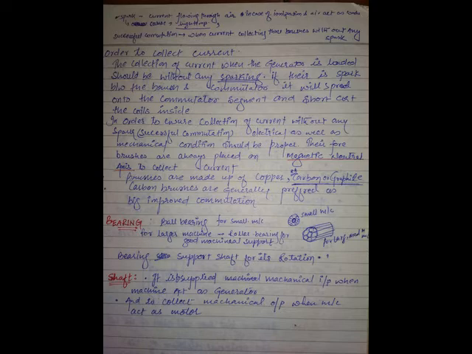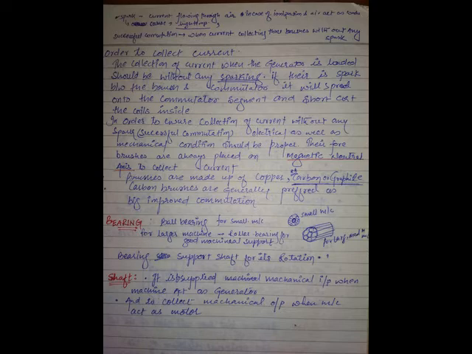Through which factor are you getting this information? From pole pitch. For example, if a machine is given to you with 2 poles and 12 slots, you will calculate pole pitch for this machine. Pole pitch is nothing but 6. If the coil span of a coil, that is, the distance between 2 coil sides of a coil, is exactly equal to pole pitch, these are the slots, these are the poles.